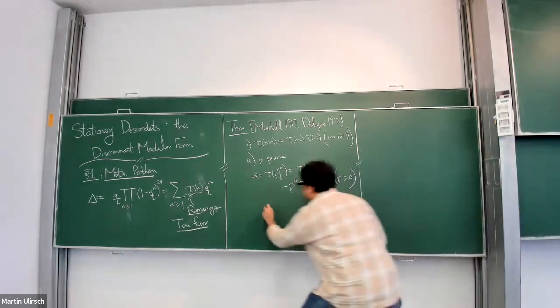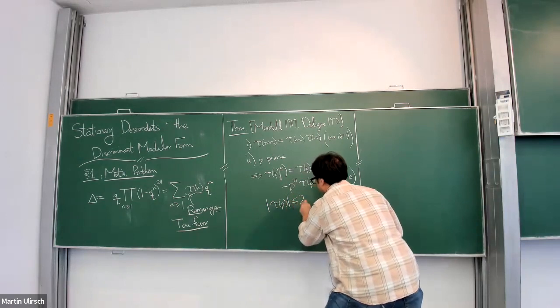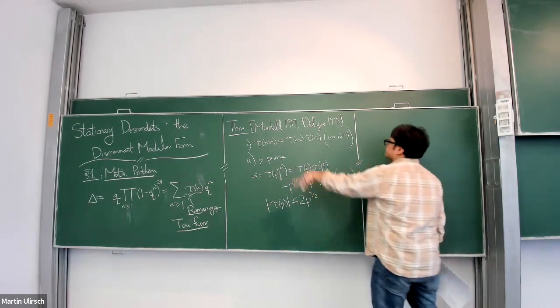Furthermore, this is bounded in absolute value. The second part is more or less Deligne, and the first part is Mordell.